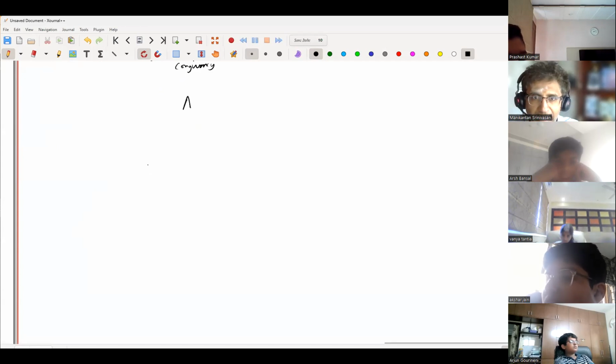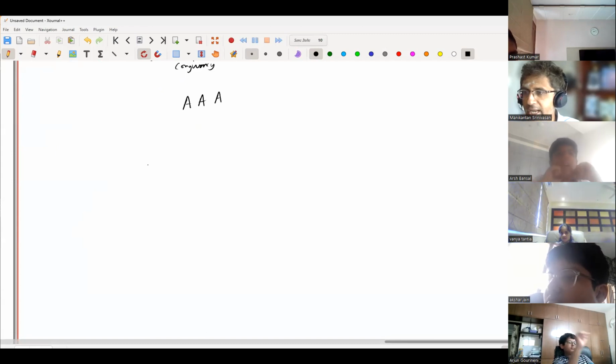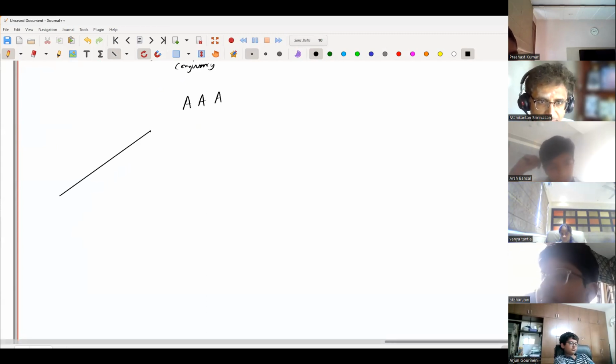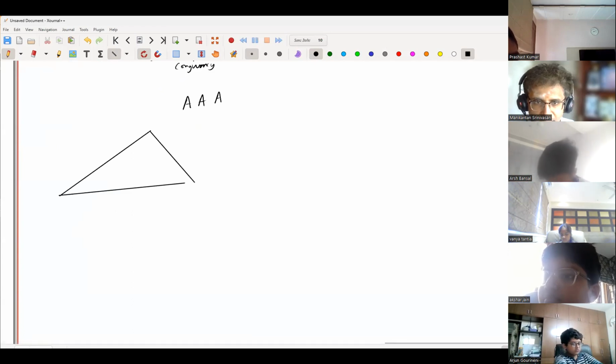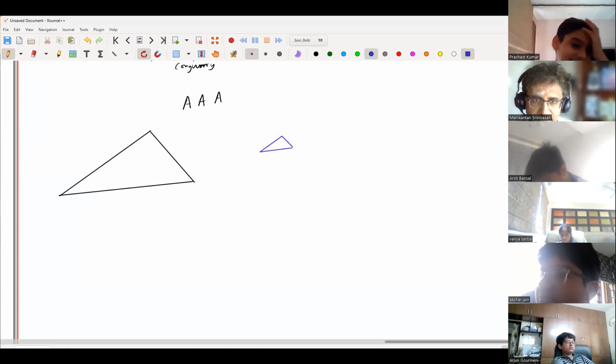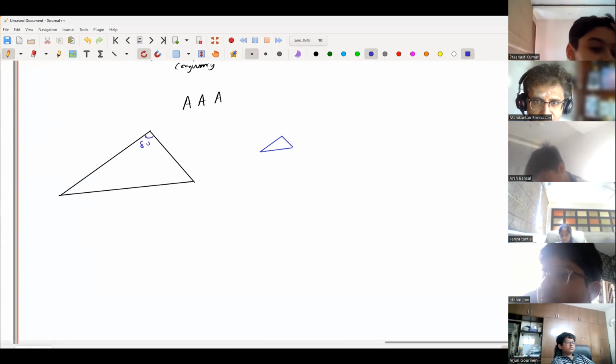There's an angle property. If three angles in a triangle match with three angles in another triangle, then these two triangles are similar. A simple example would be, let's say I have a big triangle and I have a small triangle with the exact same angles. The top angle is the same. Let's say this is 80 and this is also 80. This is 70 and this is also 70.